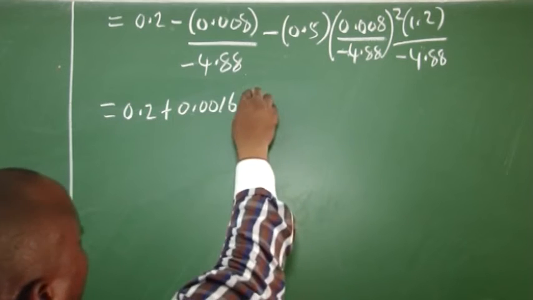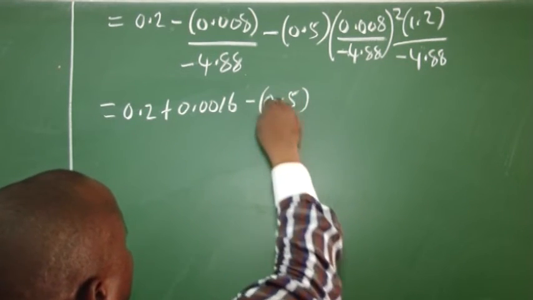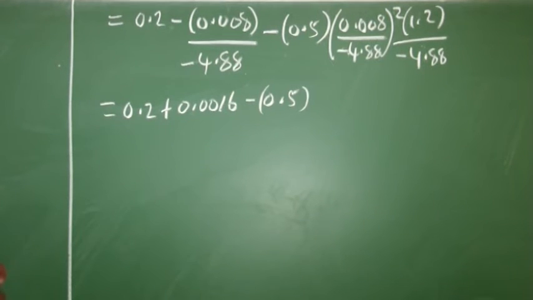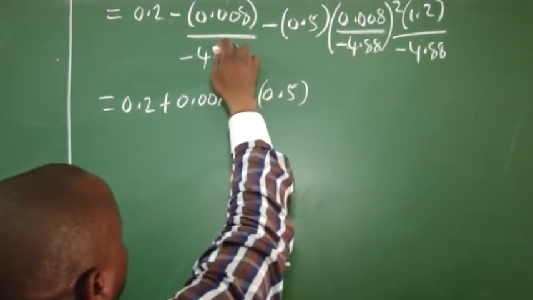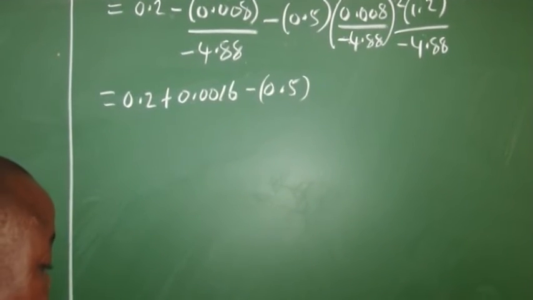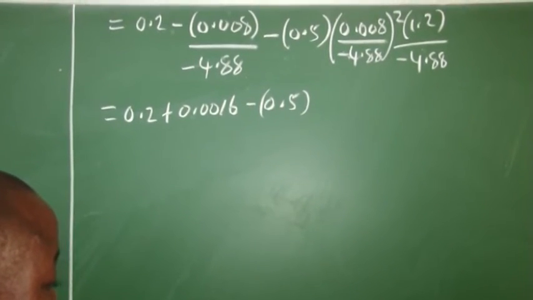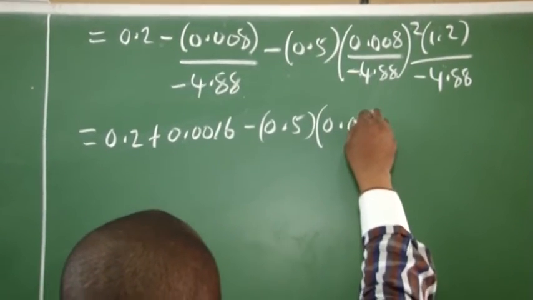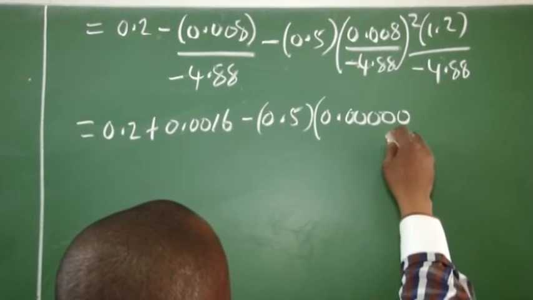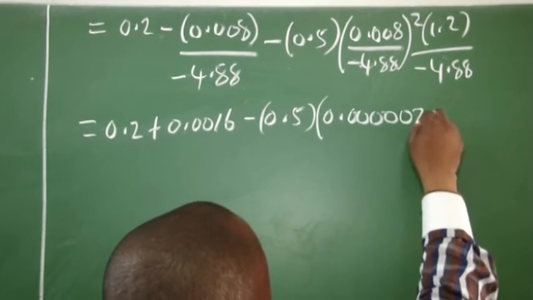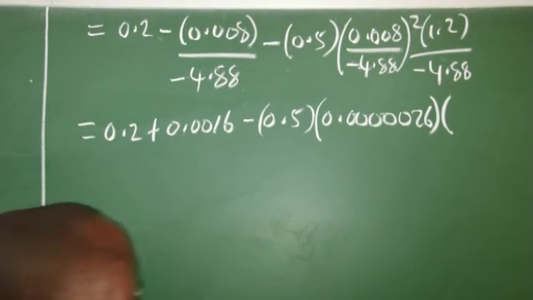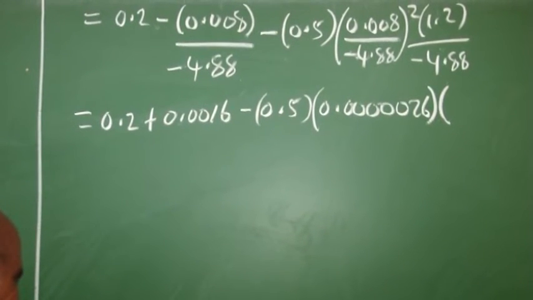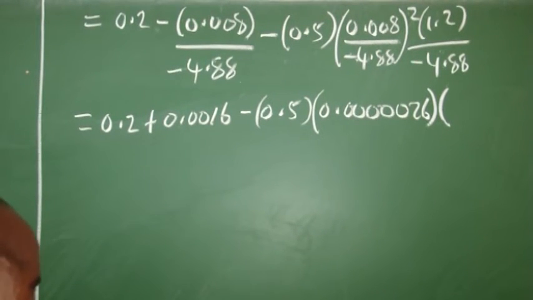That will give us 0.0016 minus 0.5. And let's look at this. This part is the same as this, only that we'll square this. So we have 0.0016 squared, which will give us 0.000026. Now, if we go to this one, we have 1.2 divided by 4.88.